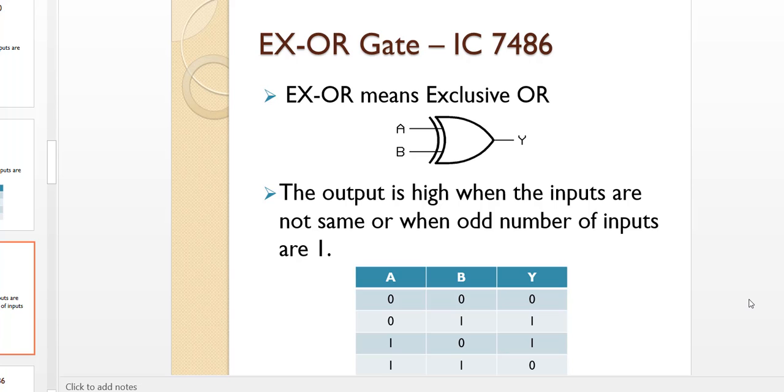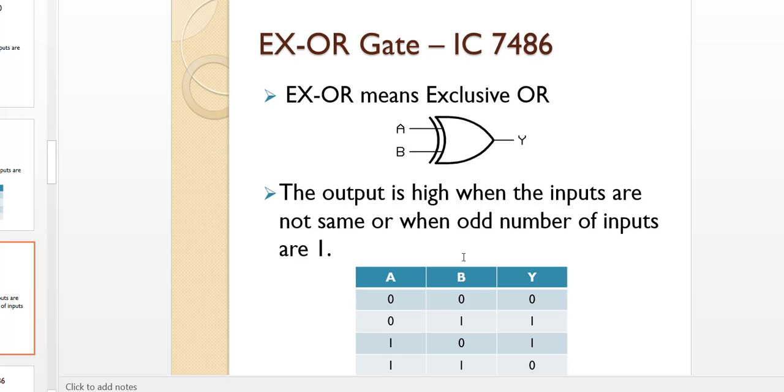So for example, for 3 inputs, A, B, C are the inputs and Y is the output. Take the case 1 1 0. What should be the output for 1 1 0? How many ones are there?